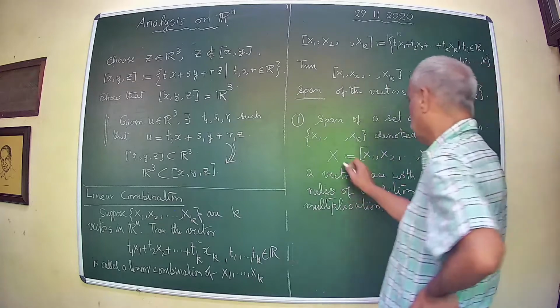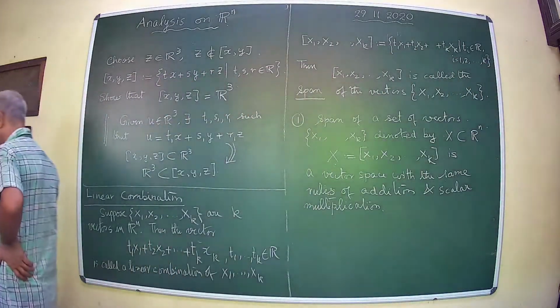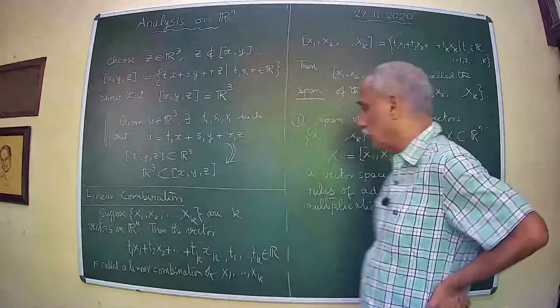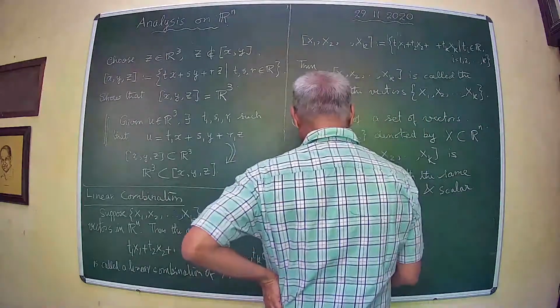What you do is take a vector from x, take another vector from x, and show that the sum is again in x. So what you have to do is the following.